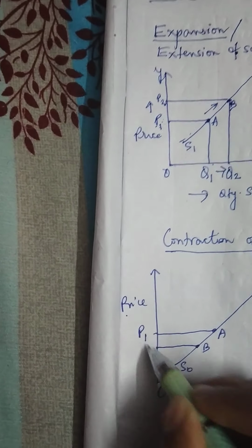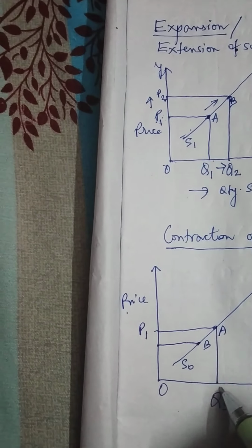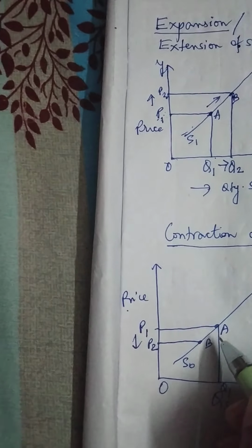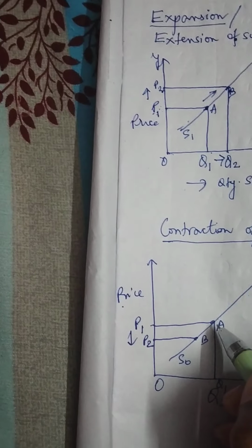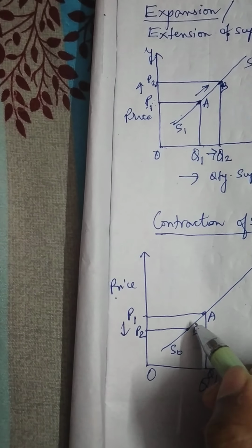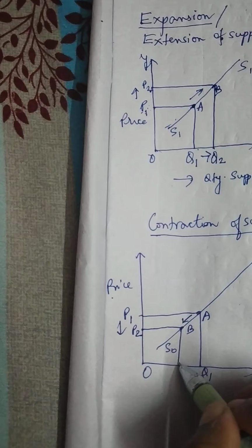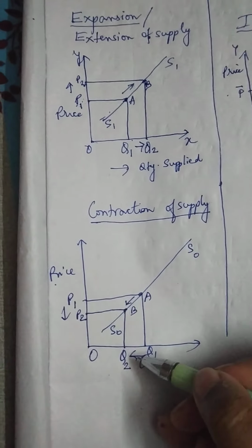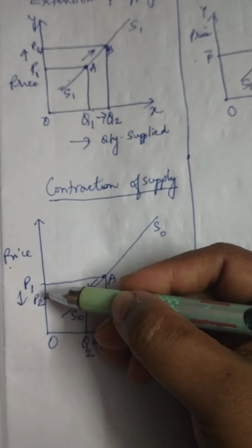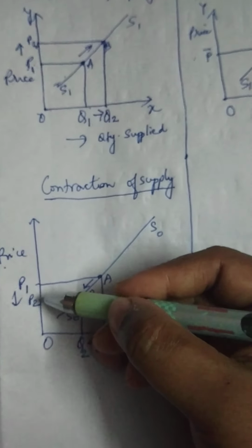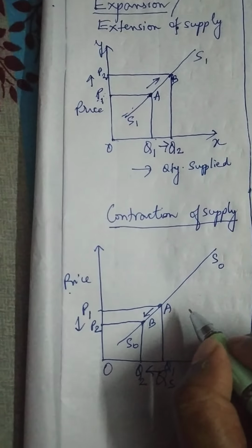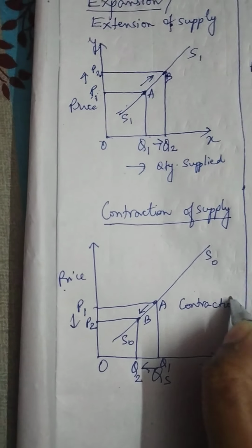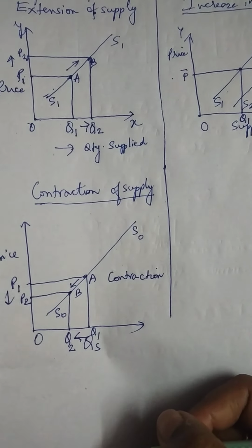Now initially it was at P1 when quantity supplied is Q1. Now suppose price falls to P2. So you see there is a movement along the supply curve but downward movement from A to B, and quantity supplied falls to Q2. And this fall in quantity supplied due to the fall in the own price of the commodity, other factors remaining constant, is called the contraction or the fall in quantity supplied.